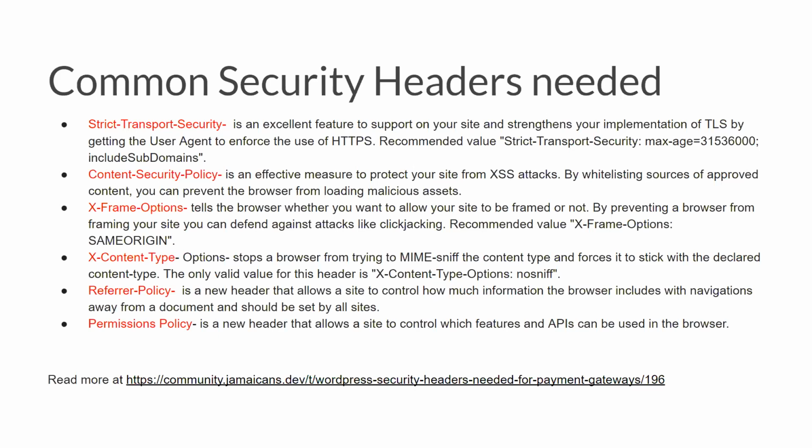So they'll tell you that you need to disable that WordPress endpoint, and you need to add some headers, for example, strict transport security. This is basically the type of TLS encryption you're using. A lot of websites I see are using version 1.0 and version 1.1, which are actually deprecated.